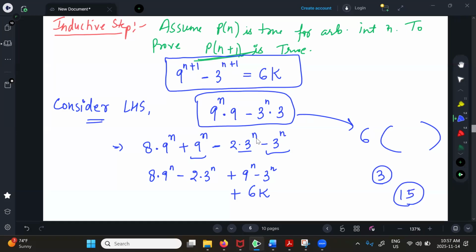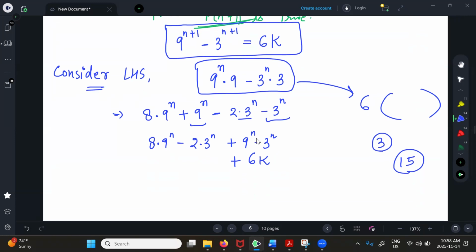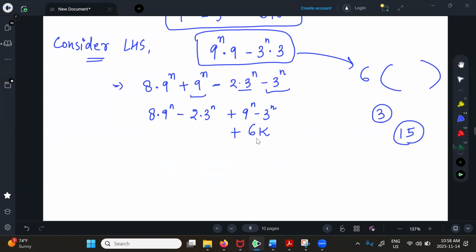We just add 3 to the n to the other side and we just plug it in. Okay, and would that help me? That would make it a lot easier. So Ashen is saying use equation 1, which is 9 to the n minus 3 to the n equals 6k.